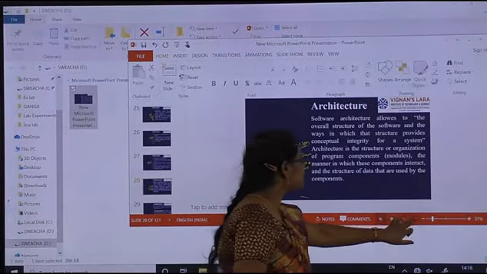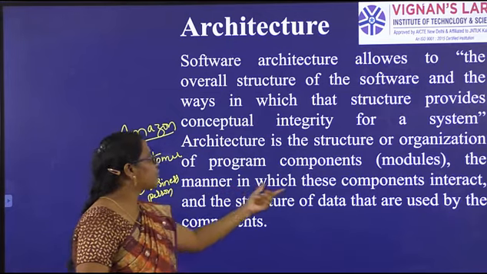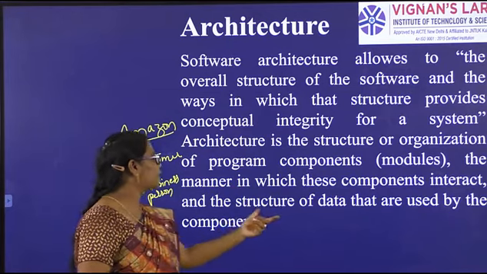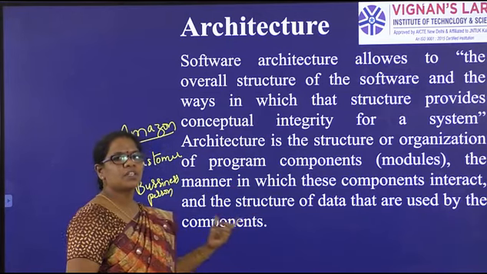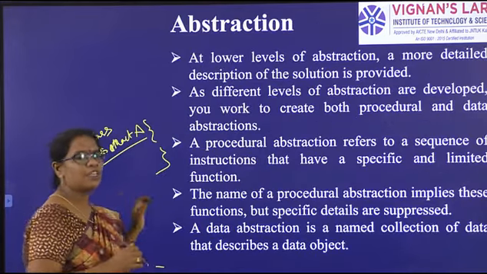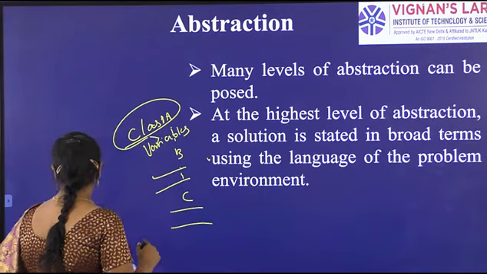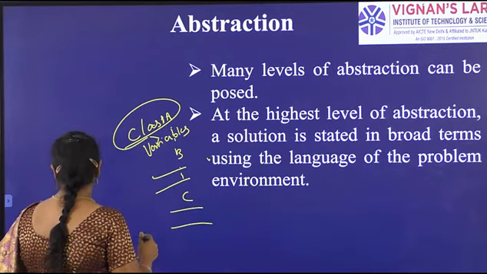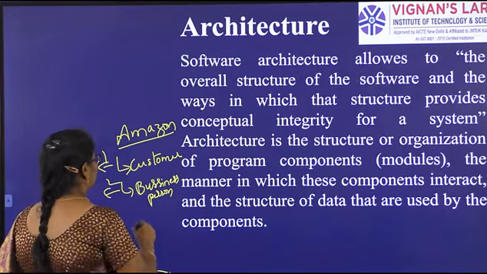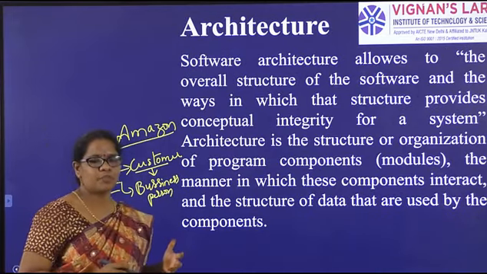And next, the manner in which these components interact and the structure of data that are used by the components. So the components are nothing but, for the customer, what will he do? The customer will select the product. He will search for the product.